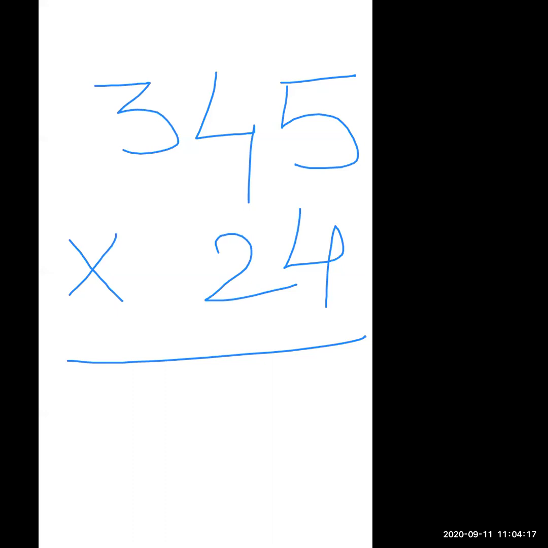I don't want the direct answer. I want the name of each column. First of all, what is the multiplicand? What is the multiplier? And what is the last one? Last one.